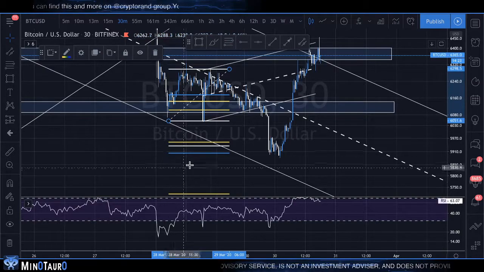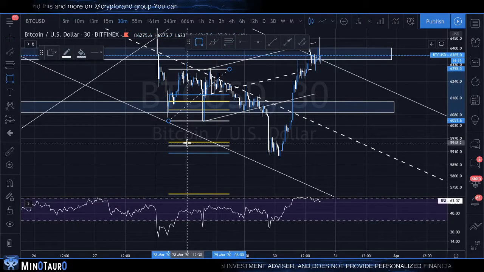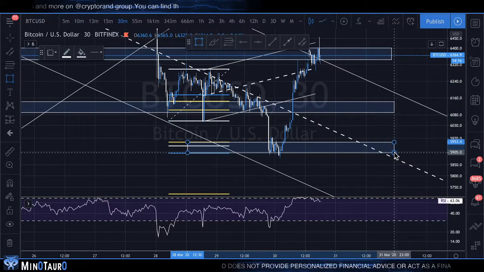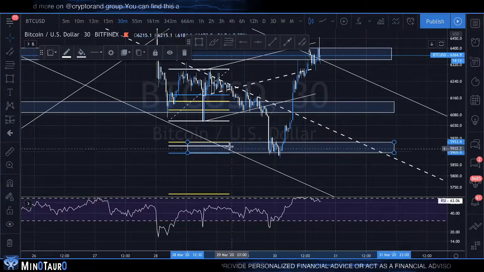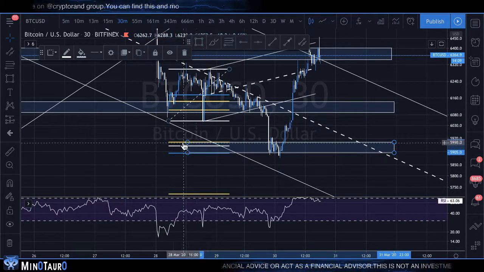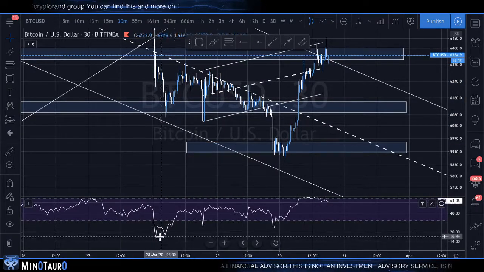Okay, 161 retracement. This is where you go, and here you have to create divergence to go up. Like here, you have to get divergence to go up. So this was divergent.